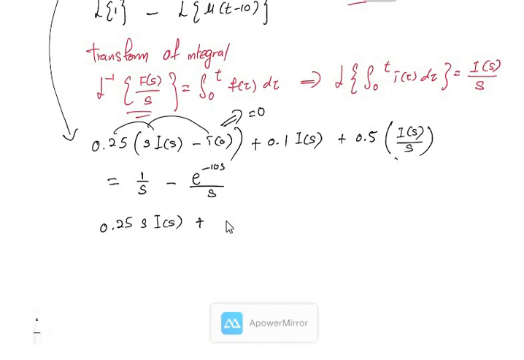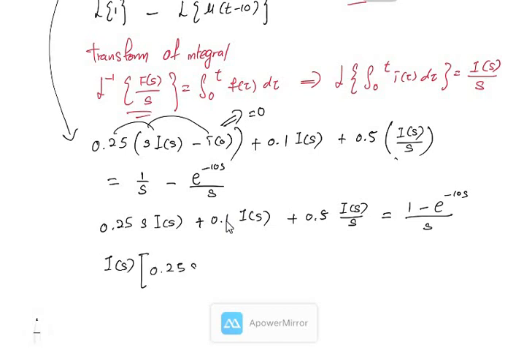Then plus 0.1 I(s) plus 0.5 I(s) over s equals (1 minus e^(-10s)) divided by s. I take out the I(s), and I am left with 0.25 s squared. Okay, so this is the s here, right? So I can synchronize all the s.